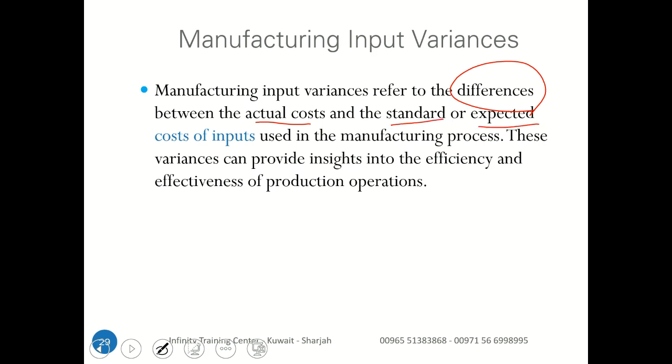So the difference between actual cost and expected cost of inputs used in the manufacturing process. How much difference we have in inputs is what we are going to discuss here. These variances can provide insight into the efficiency and effectiveness of production operations.